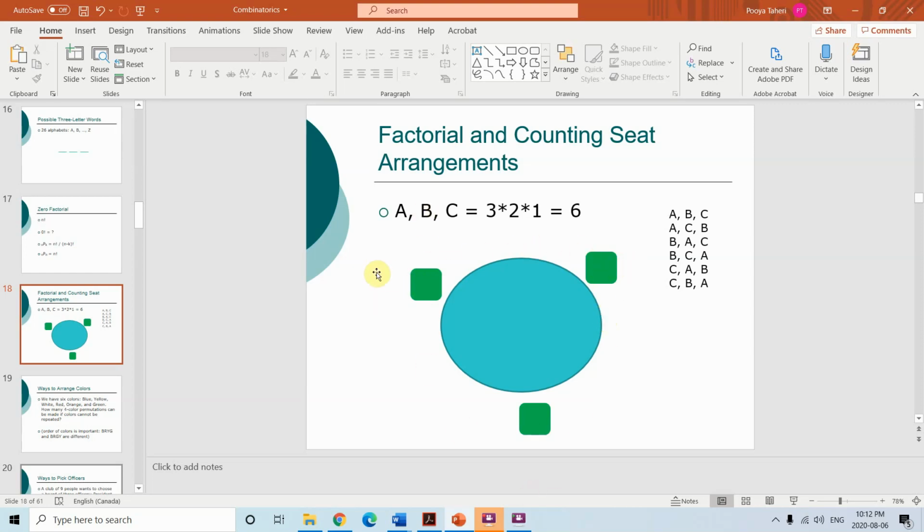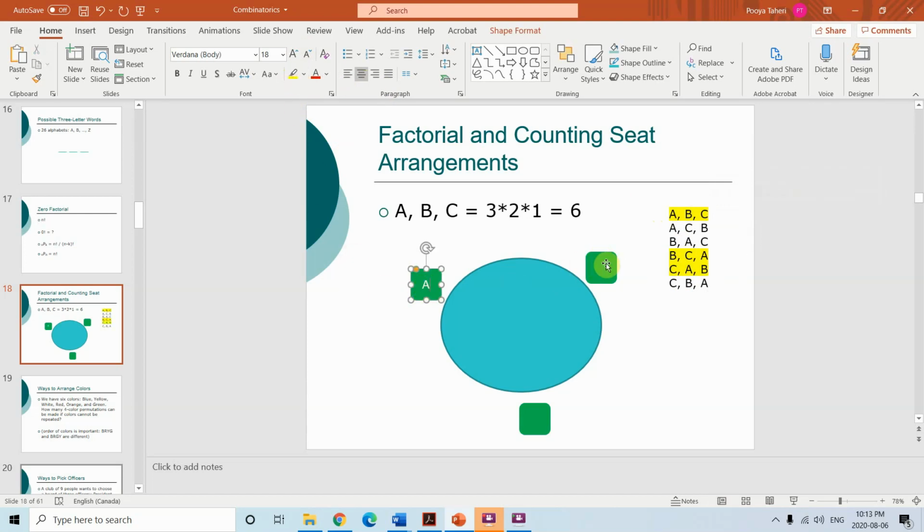But what if these seats are not numbered, and we only want to know how many different ways people can sit on these 3 chairs when we only care about their relative location, like who is sitting between whom? If that's the case, look at this case, this case, and this case.